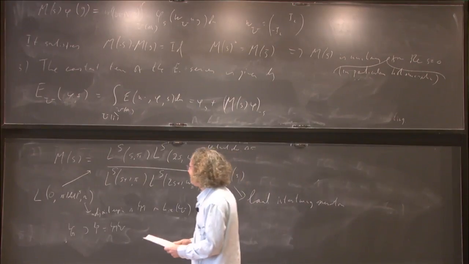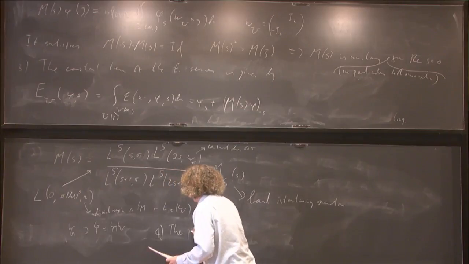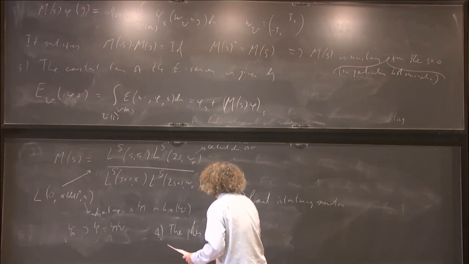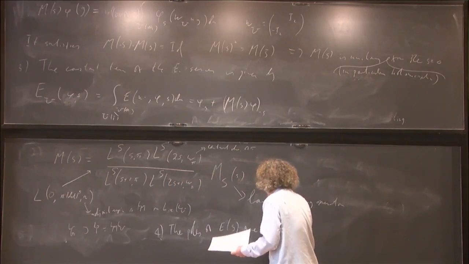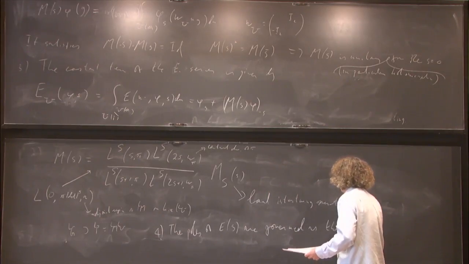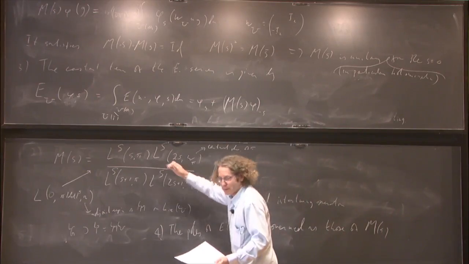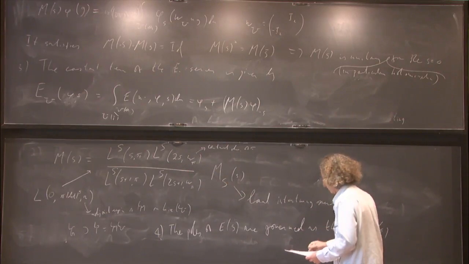So the next point is that the poles of the Eisenstein series are in fact the same as those of MS, and therefore basically governed by this L function, at least for real S positive.